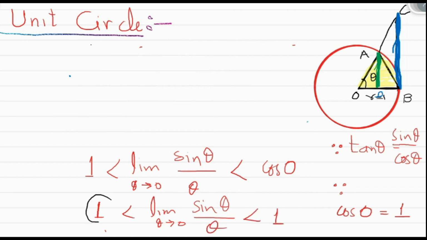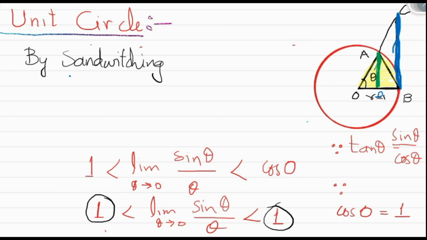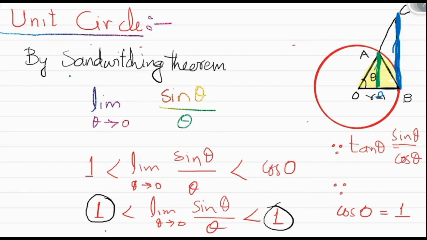So the whole function is sandwiched between two same values. By the sandwich theorem, it is very clear that the limit as theta approaches 0 of sin theta over theta is neither larger than 1 nor less than 1. So it is equal to 1.